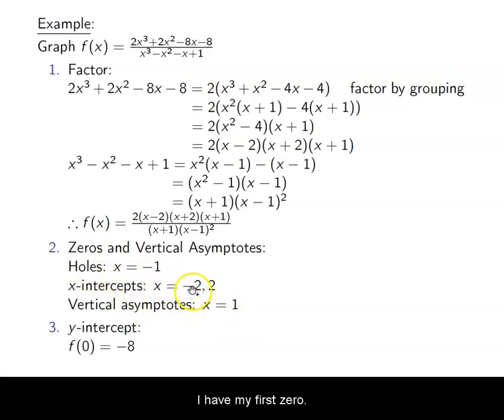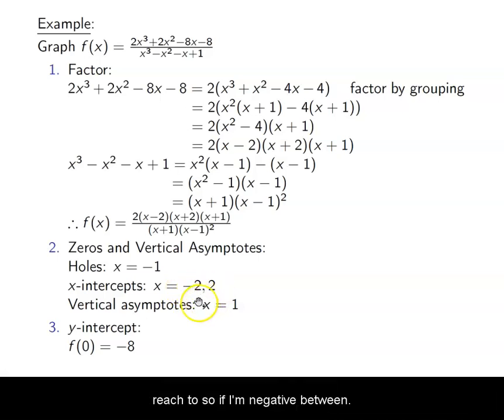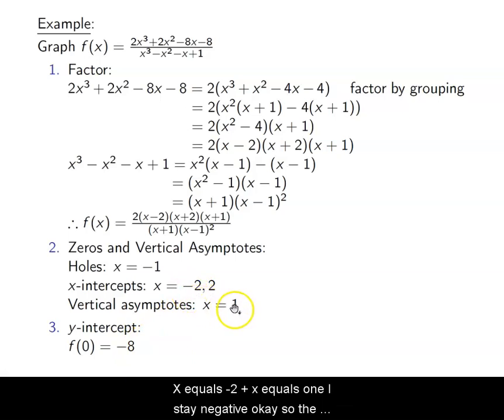I have my first 0. The value in between that at x equals 0 is -8. It never crosses the x-axis again from -2 until I reach 2. So if I'm negative between x equals -2 and x equals 1, I stay negative, okay?